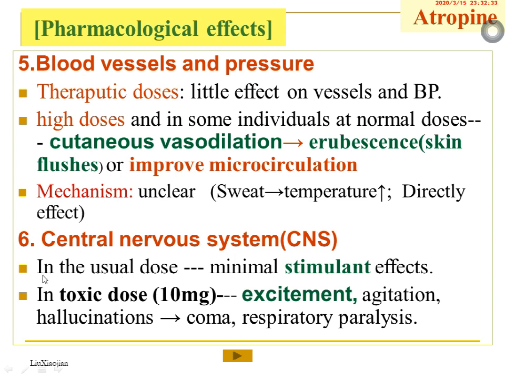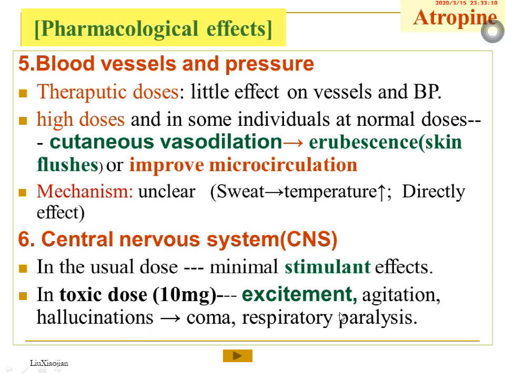And usually at a low dose, it has minimal stimulant effects. In those conditions, people just feel some excitement. With the dose increase, like 10 mg, which is a toxic dose of atropine, individuals will show symptoms like excitement, agitation, and hallucinations.